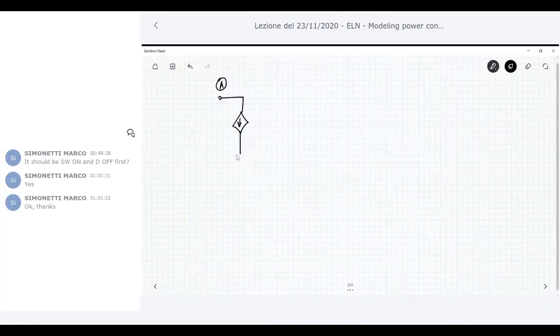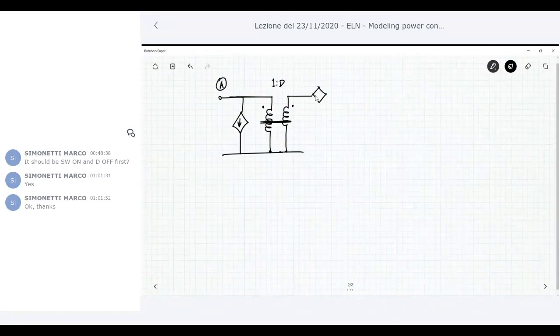Then we have our transformer, which has a basic characteristic that it can transform also the DC. So the sign exactly tells you that this is not a real transformer. The turn ratio is 1 to D, and on the other side we have the voltage controlled voltage source, and this is the common node, and this is the passive node. Then this is the model.